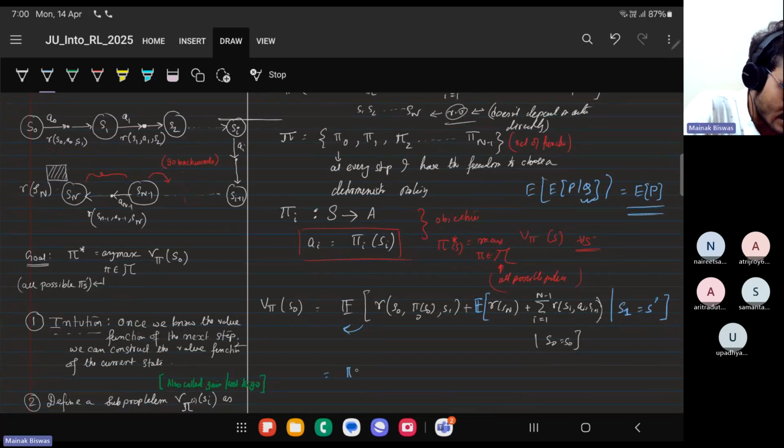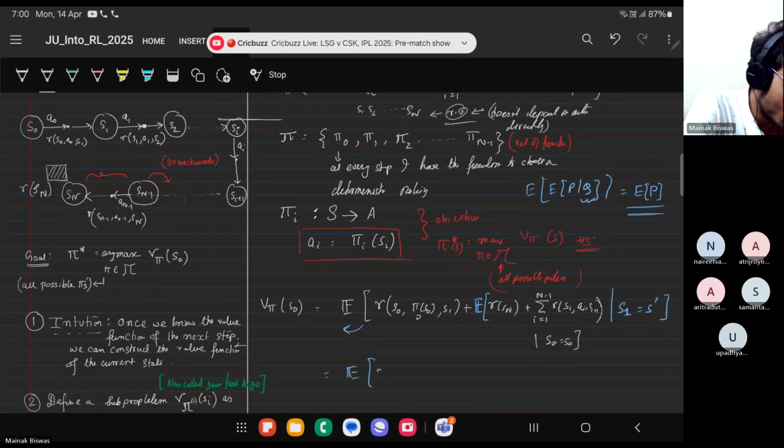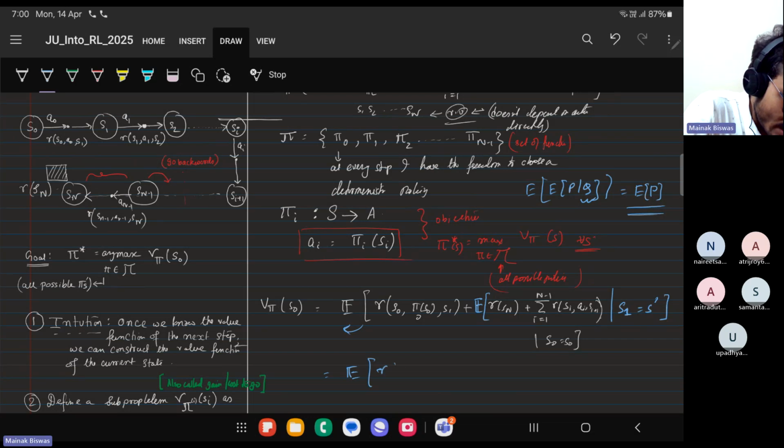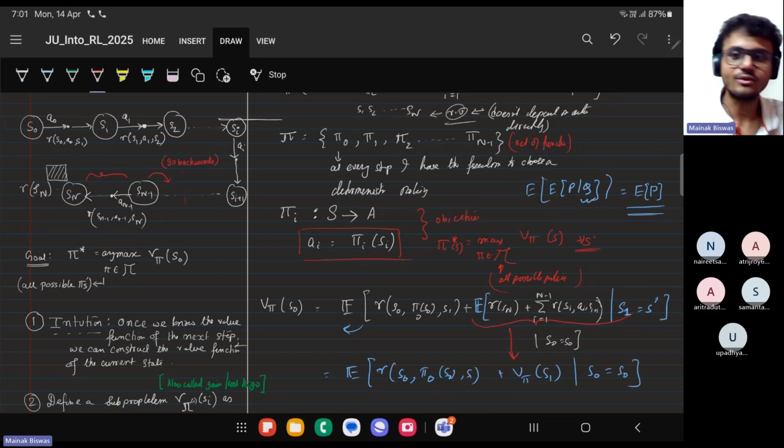Okay, so this can be written as the expected value of R of S0, pi 0 of S0, S1, plus V pi of S1. Yes or no? This is again a recursion. This is just V pi of S1.